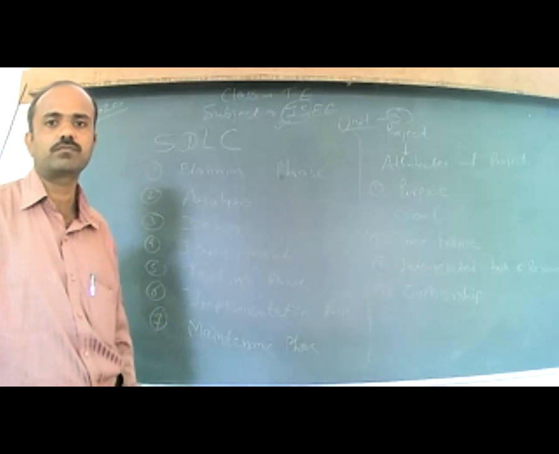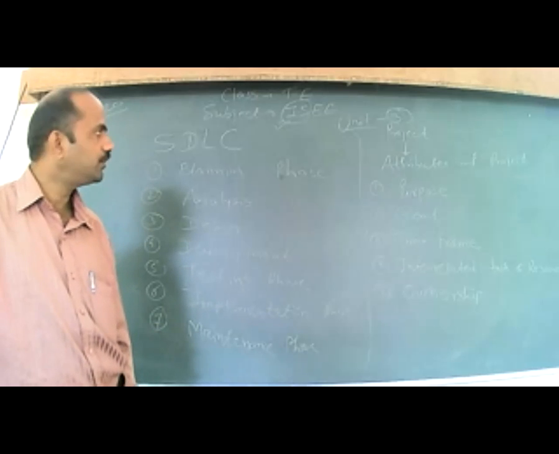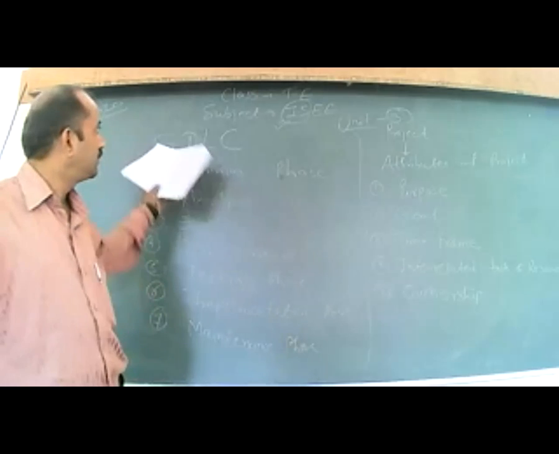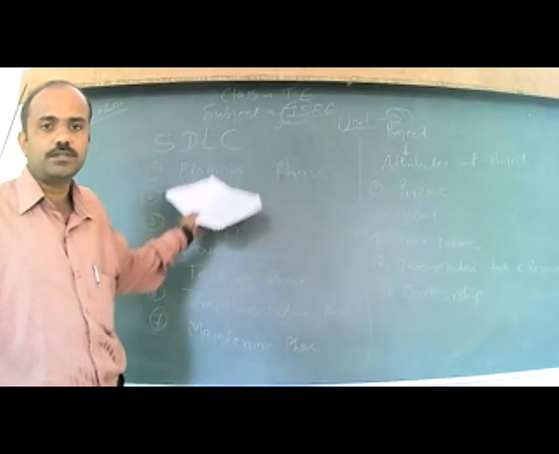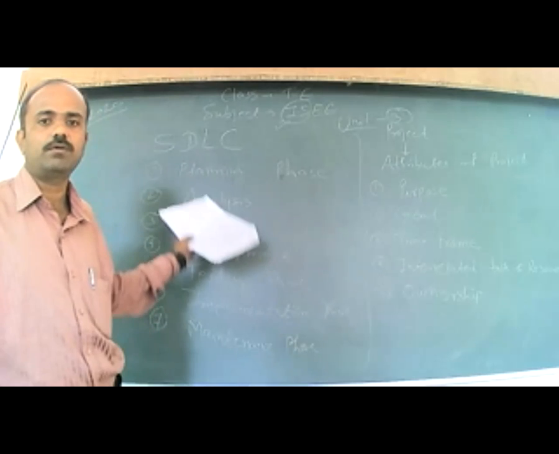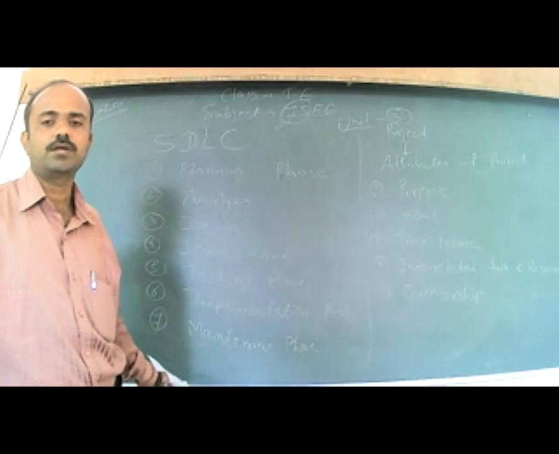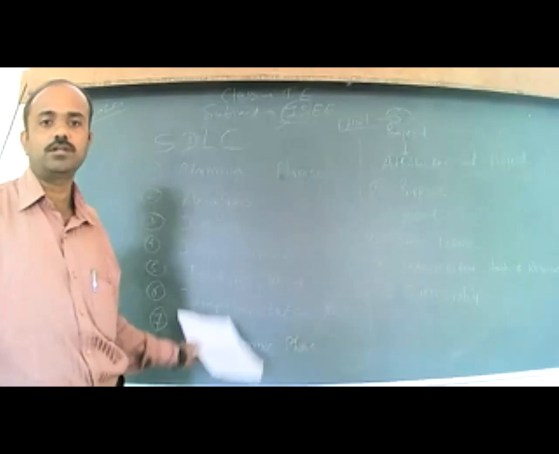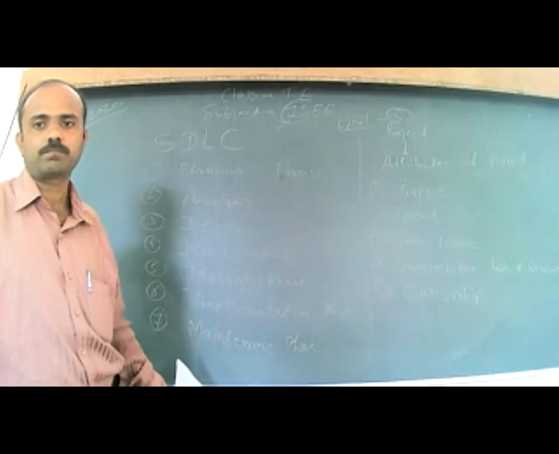That is the maintenance phase and the last phase of the SDLC. So the system development life cycle contains these seven different phases. Every stage is in proper sequence and every phase is important, from the planning to the maintenance.